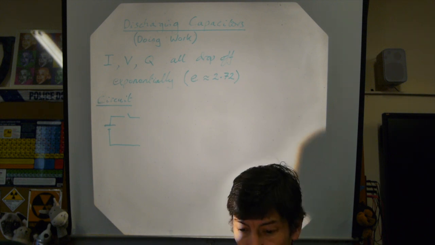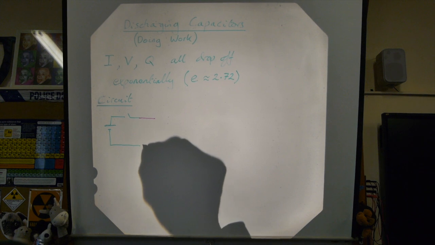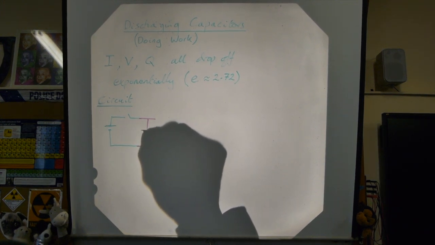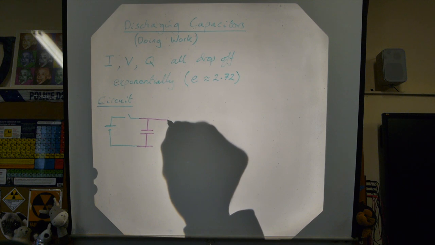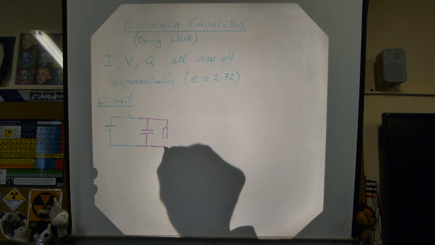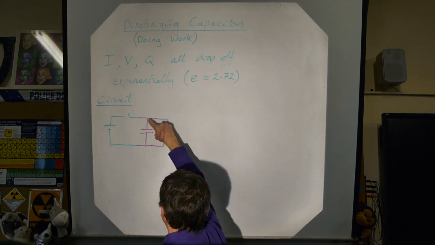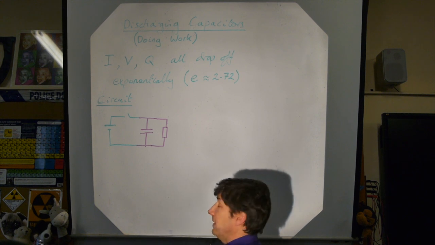And then I'm going to draw the circuit that we're interested in, which is a capacitor. So here's the capacitor. You get very used to these kinds of drawings. It's going to look as if it's in parallel, but if you follow the purple circuit that I'm drawing around, you'll notice it is in parallel, but imagine it as a series circuit, which is the best way to think about it.